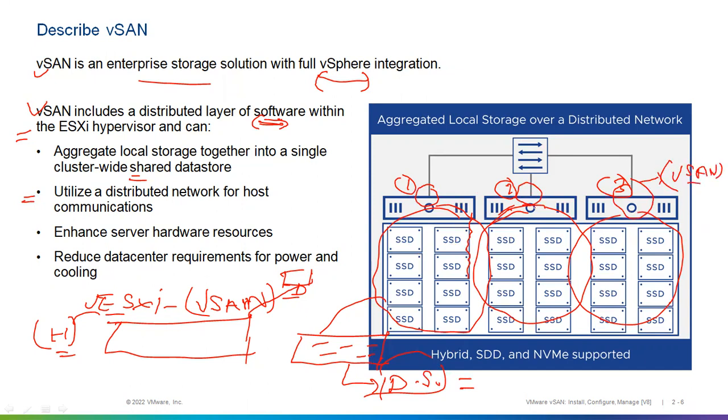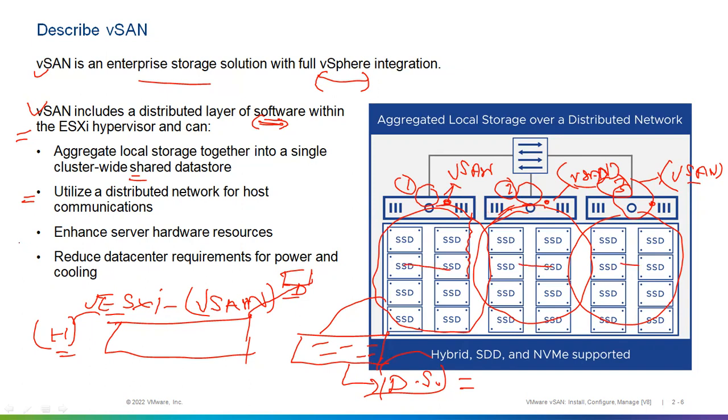Inside each ESXi host, I have to create a VMkernel port and dedicate its function as vSAN. That VMkernel port takes over the entire traffic in and out of my ESXi host to get the storage synchronization across these ESXi hosts.